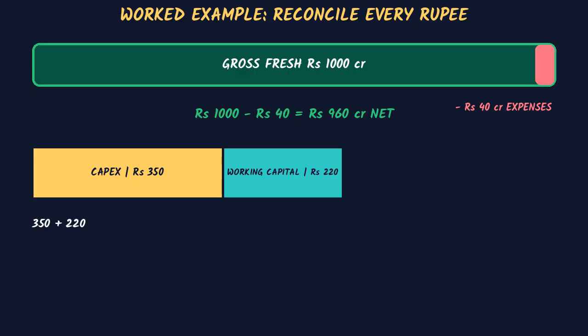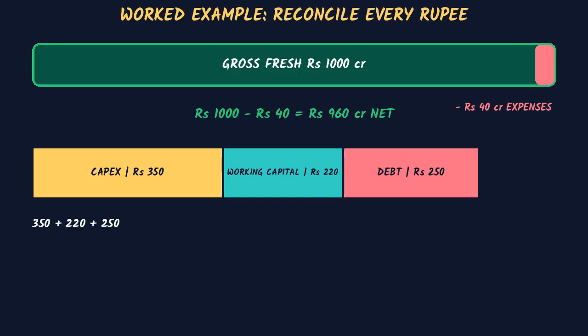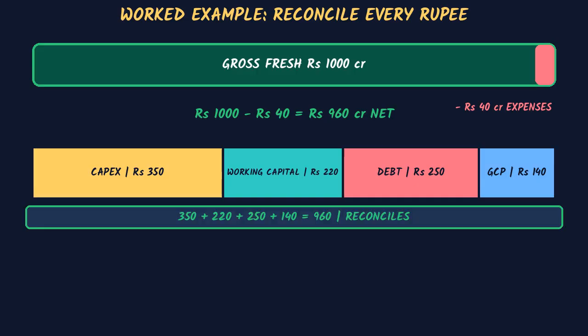Working capital receives the next amount, 220 crore rupees. Debt repayment receives the next amount, 250 crore rupees. General corporate purposes receives the final amount, 140 crore rupees. Together, the four stated uses equal 960 crore rupees, so the allocation reconciles.